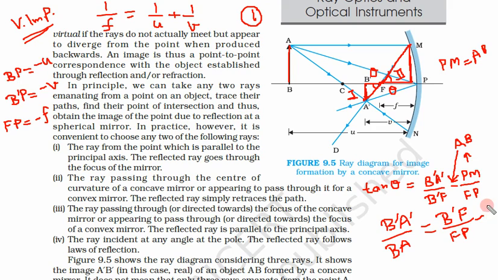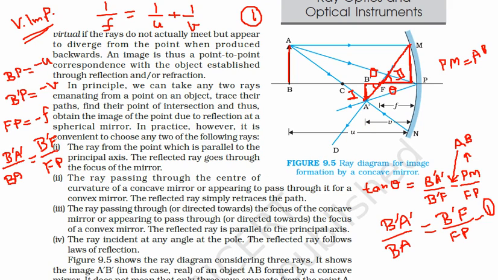So this is our equation 1. This is the first step. In the first step, we get B dash A dash upon BA is equal to B dash F upon FP.